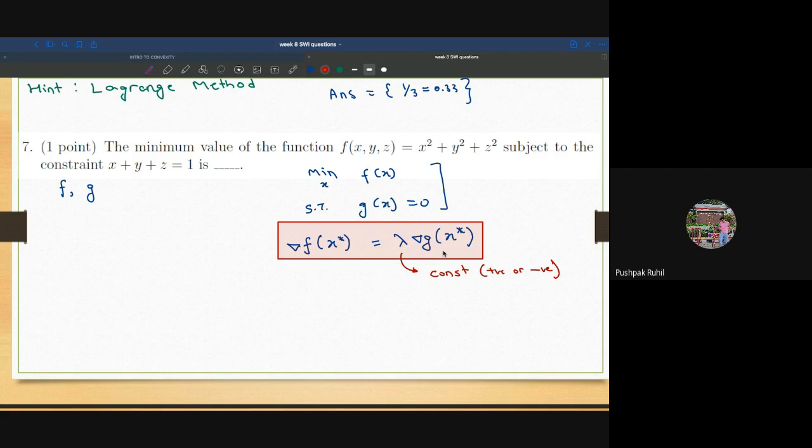This lambda is what we call the Lagrange multiplier.